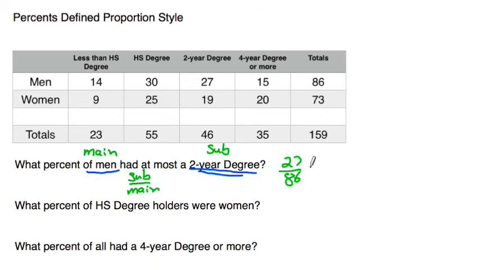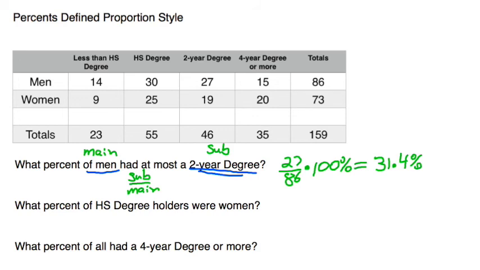We're going to use the neat formula which says you can take a ratio and just multiply by 100 to change it into a percent. So 27 divided by 86 times 100 gives you 31.4. Just don't forget that this number, to make it equivalent, has to have a percent. So what percent of men had at most a 2-year degree? 31.4% of the men.